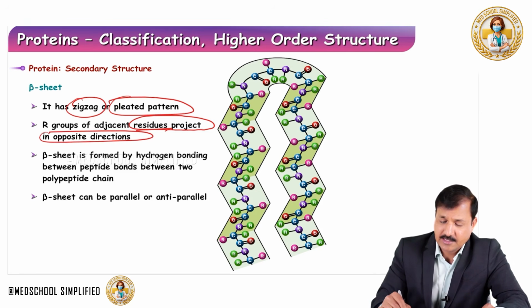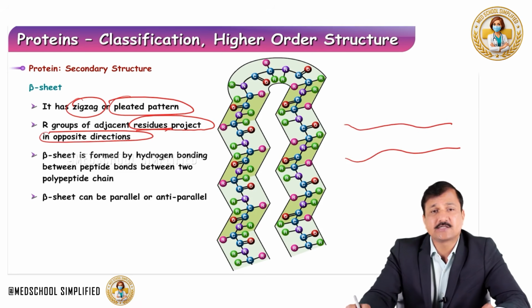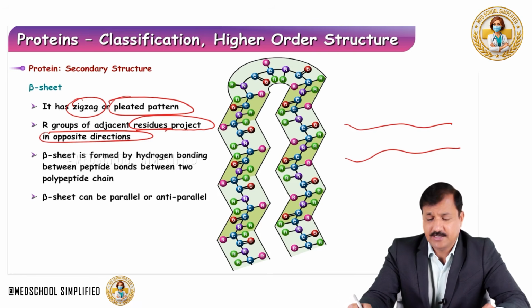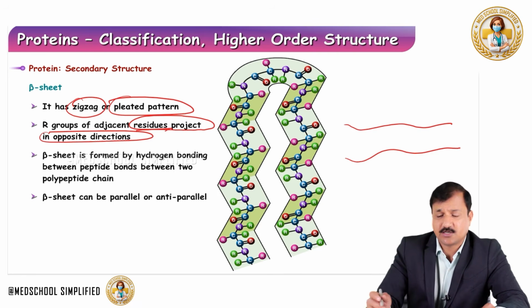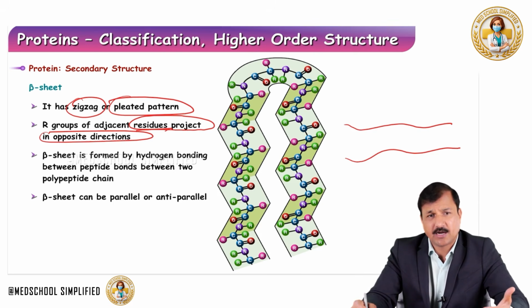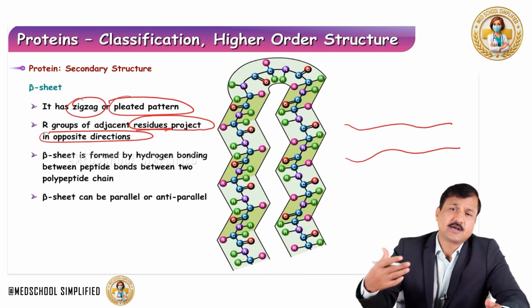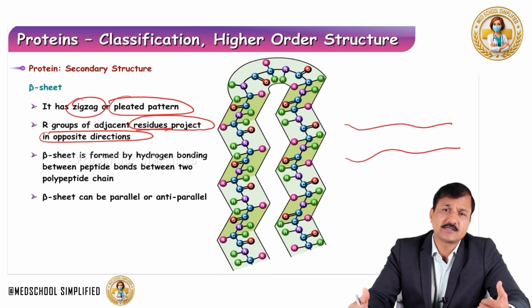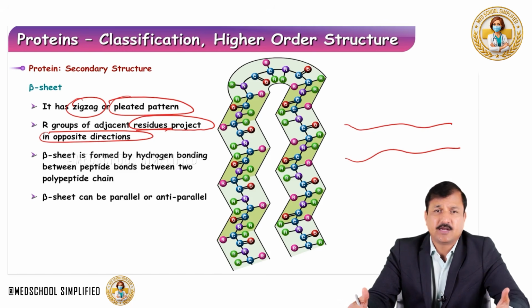It will be like this. So basically beta sheet formation needs two individual polypeptide chains which are running either in the same direction or opposite direction. If they are running in the same direction, we call it a parallel beta sheet. If they run in opposite direction, we call it an anti-parallel beta sheet.